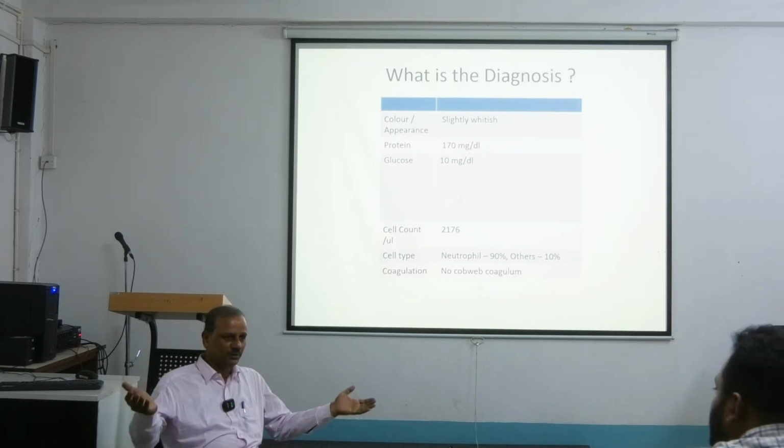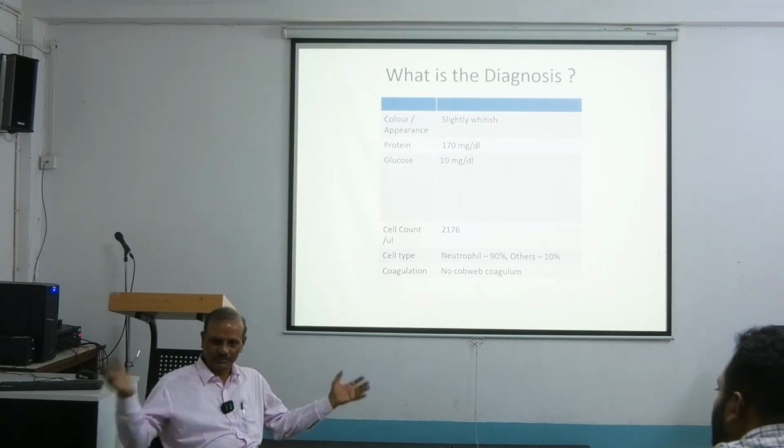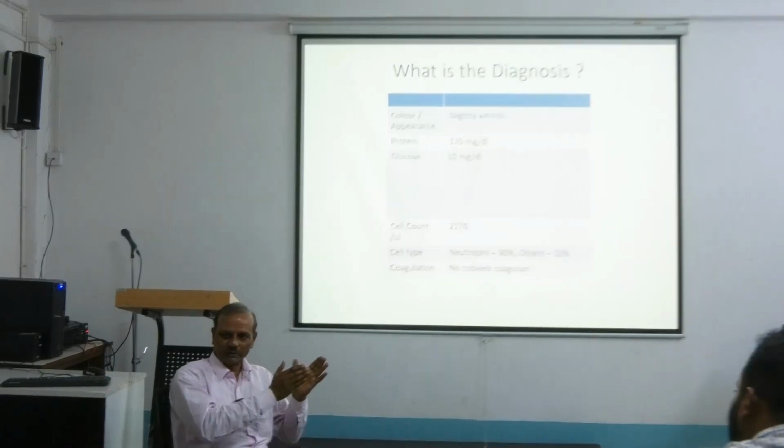Even in the blood report, if the leukocyte count is very high and out of it the polymorphonuclear neutrophil count is high, it's usually bacterial. If the lymphocyte count is very high, you think it is tuberculosis, or it might be viral also. You get my point?